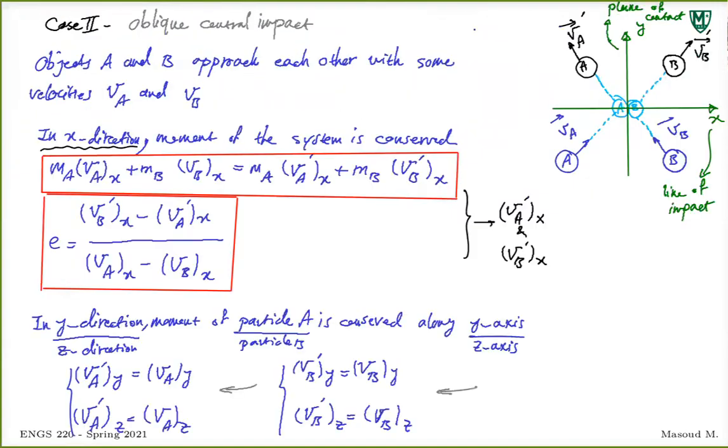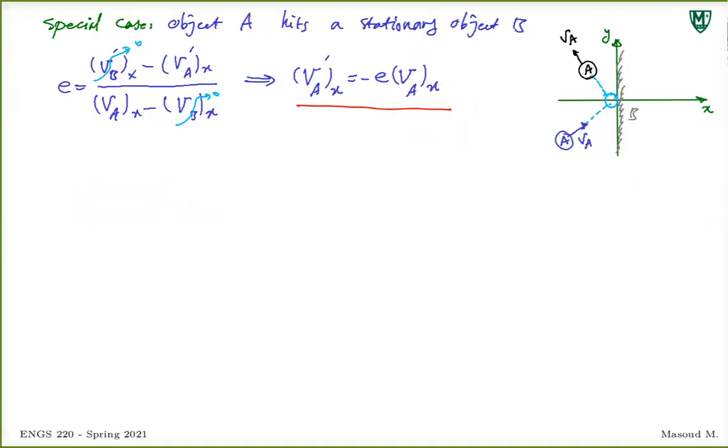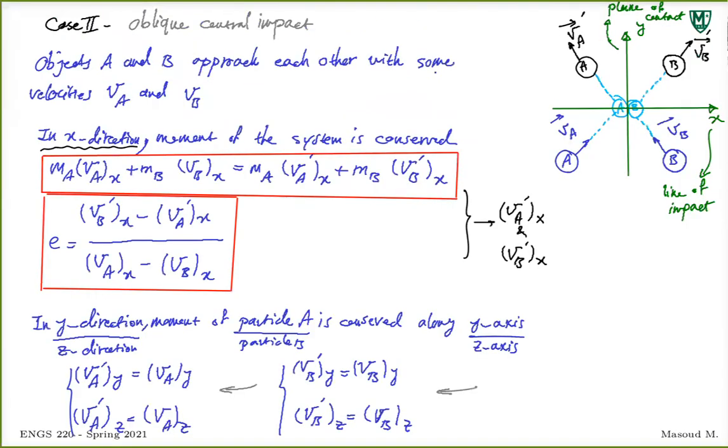Okay. All right, so this is the special case. Sorry, jumping back and forth between pages. The special case, we said, is if one of these objects we have in this oblique central impact, right? This is an oblique impact because both objects are not moving along a straight line. They have some angle when they hit each other. Now the special case would be if one of these is just a stationary object.